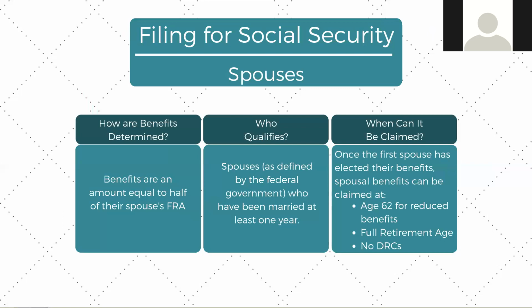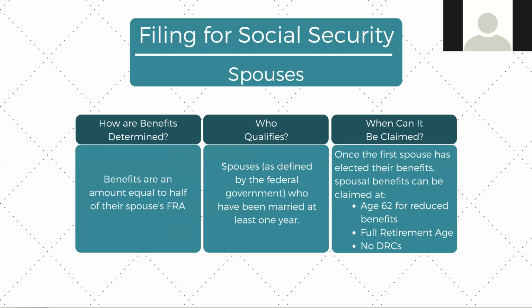But I say potentially because, remember, if you file early, prior to your full retirement age, even a spousal benefit will be reduced, okay? So that's why it's up to $1,000 in that example.